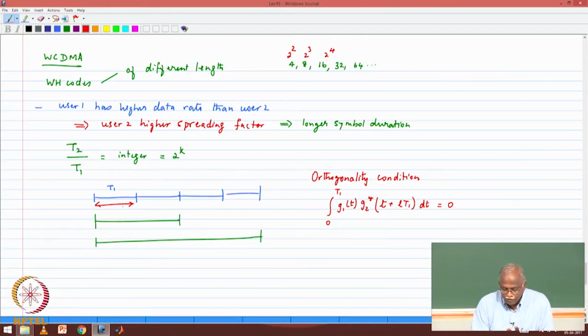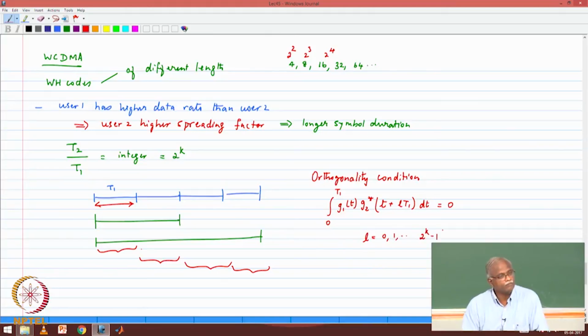Now, this portion of the waveform must be orthogonal to this, then shift the spreading sequence of user 2 by how much? T1. Then you have to show that it's orthogonal to this portion after you shift. Then you have to show it's orthogonal to this portion, and to this. And how many such shifts will you get? L takes values 0, 1, 2, all the way to 2 power k minus 1, because that's the number of possible shifts.